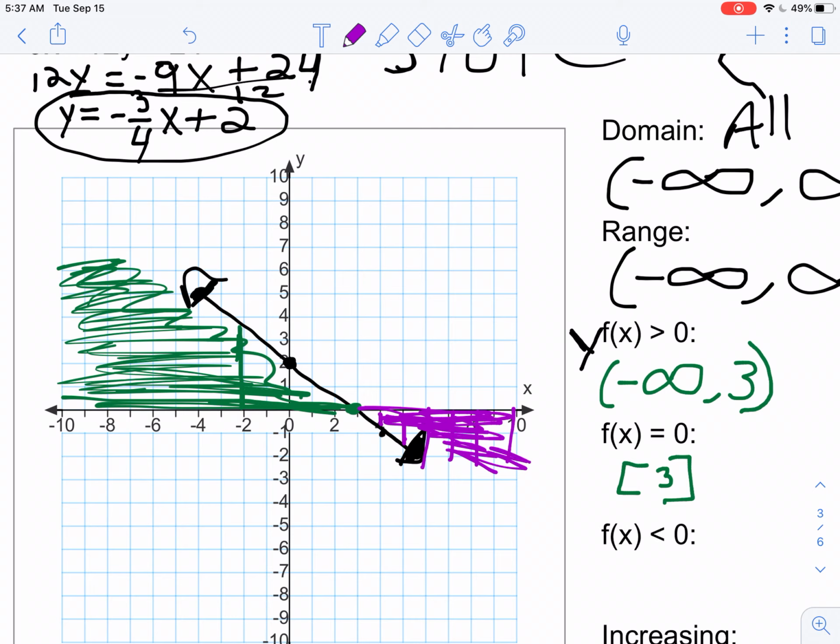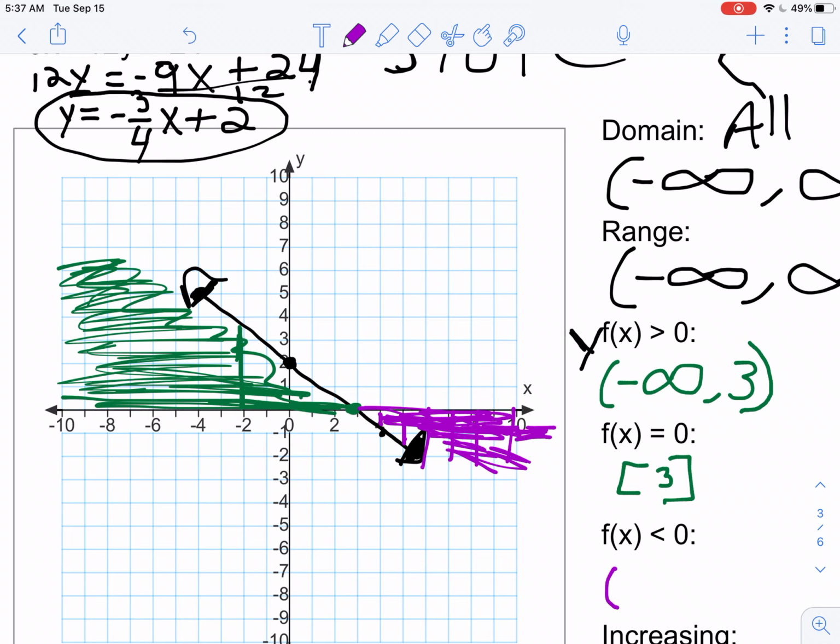And remember that this line is going to go on forever, so it will hit all the x values as we go to the right. We know that the point where it goes from being positive to 0 is at 3. So 3 is going to be where it starts to become less than 0.